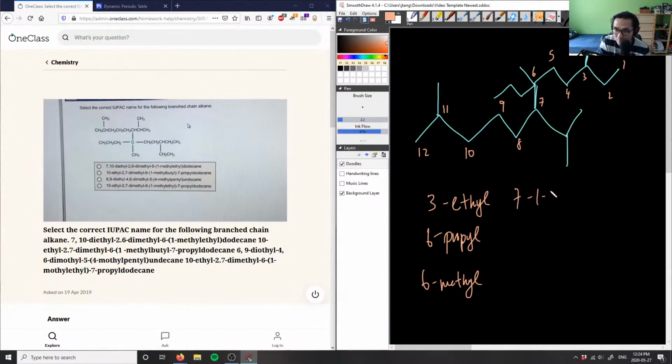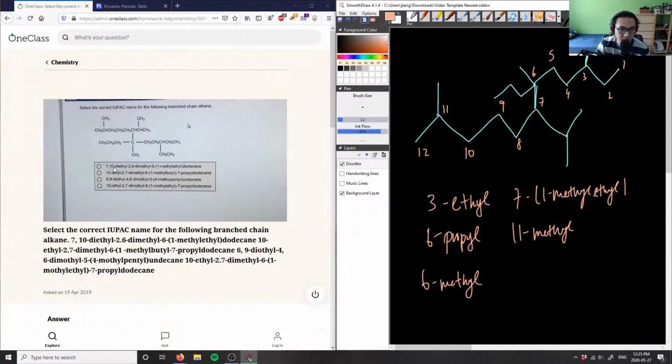1-methyl ethyl. And then finally on 11, we have another methyl here. So these are my numberings if I labeled it in this order. So let's look at the answers here.